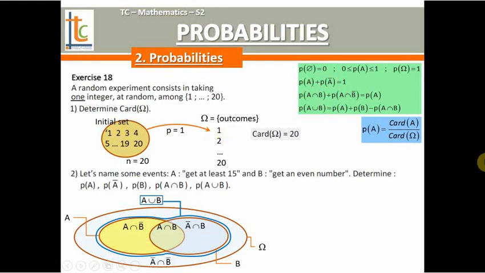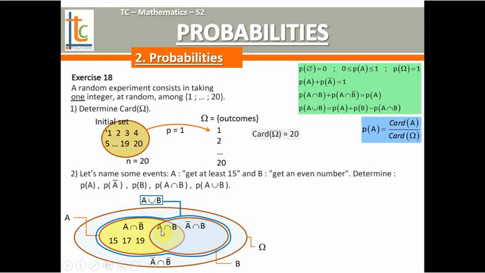So, in A into B bar, for example, you've got 15, 17, 19, because A contains the numbers that are at least 15, and B contains the even numbers. So in B, in the blue zone, you've got all the even numbers between 1 and 20. So outside, you've got odd numbers. And the odd numbers of A are 15, 17, 19.